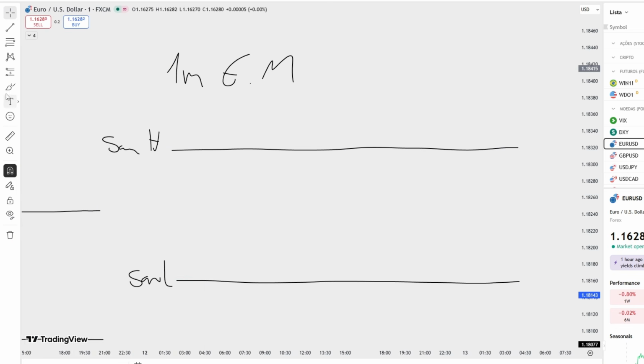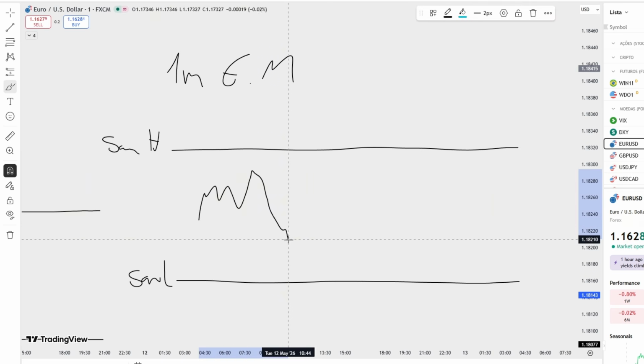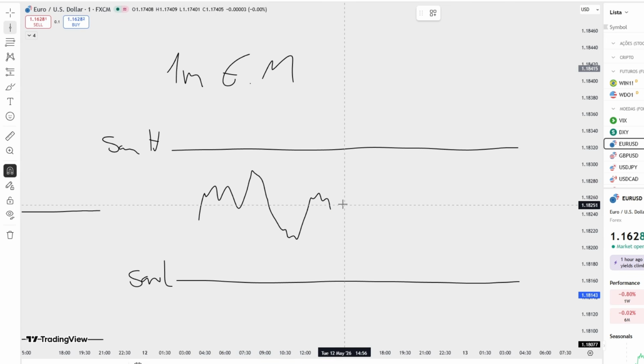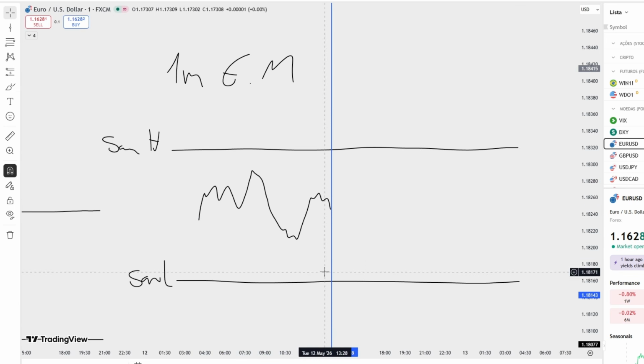So what you're going to expect, let's say price is moving up here, and right here you have your 9 a.m. time window.